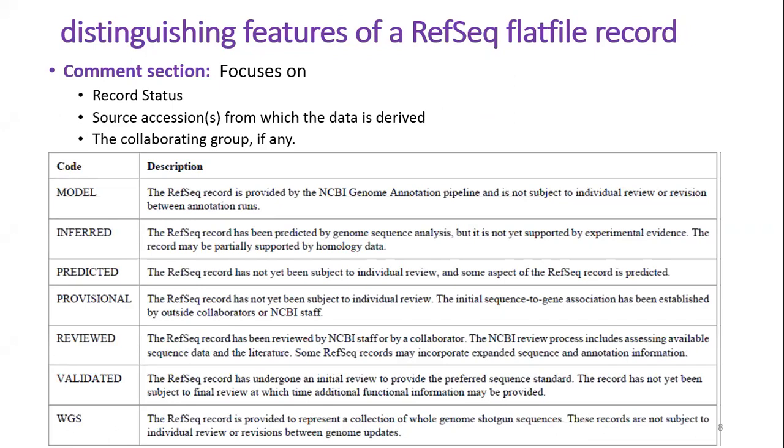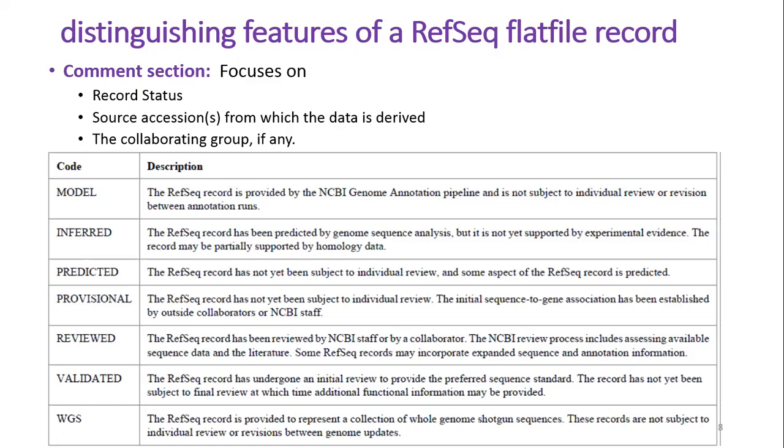Each and every record will have some status associated with it, so long as it is present in the reference sequence database. The status of the record can be model, inferred, predicted, provisional, reviewed, validated, or whole genome sequence.